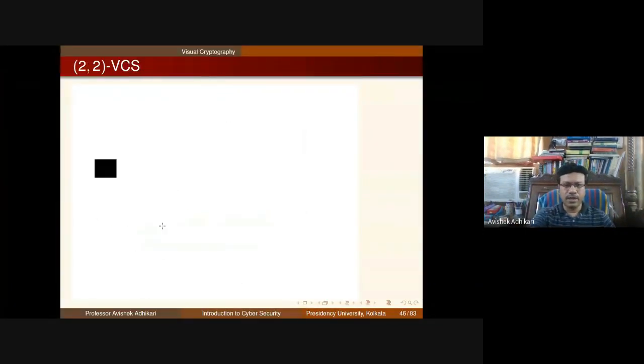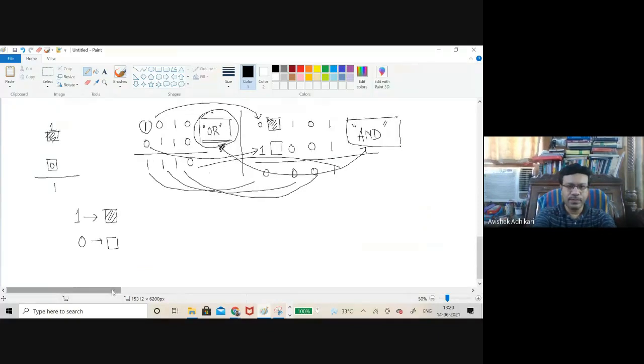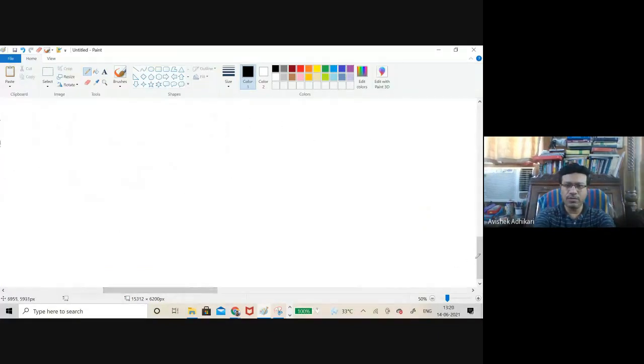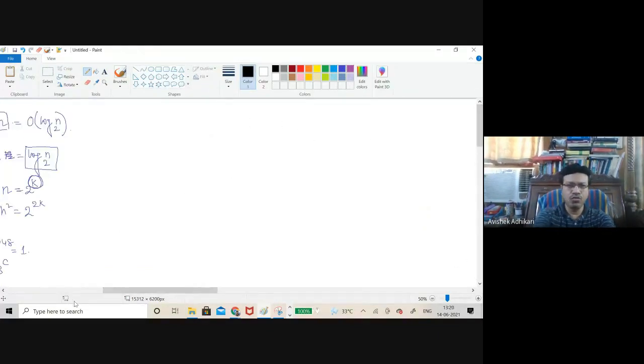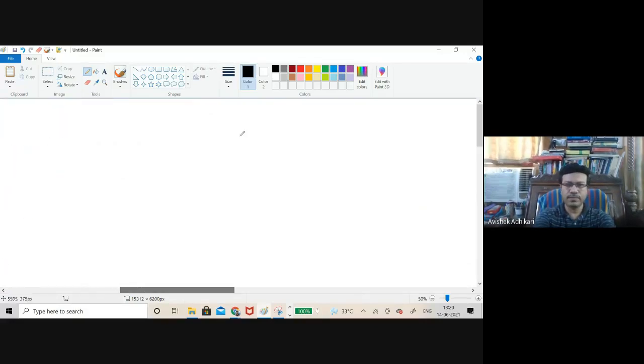Okay. Next, the question is, how did I make this? Let us try to explain the whole algorithm. Note that here what we are going to do is to construct the 2-2 scheme. I hope you remember what we mean by the 2-2 visual cryptographic scheme.